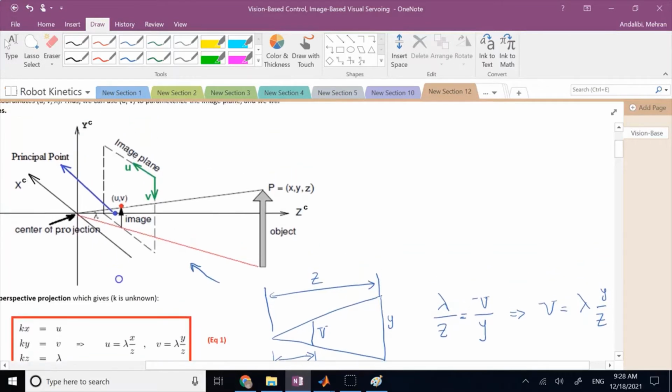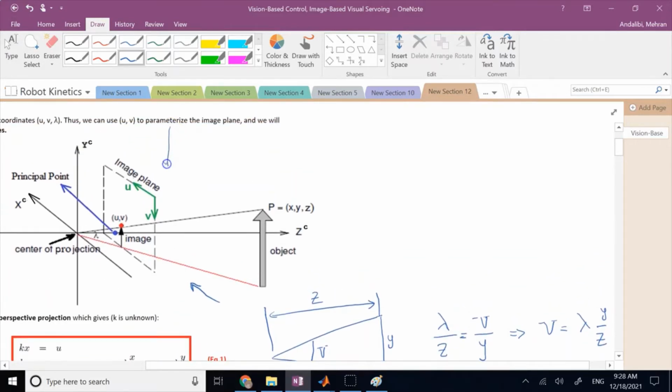Similarly, if you look now in that direction, again, you are going to get two similar triangles.